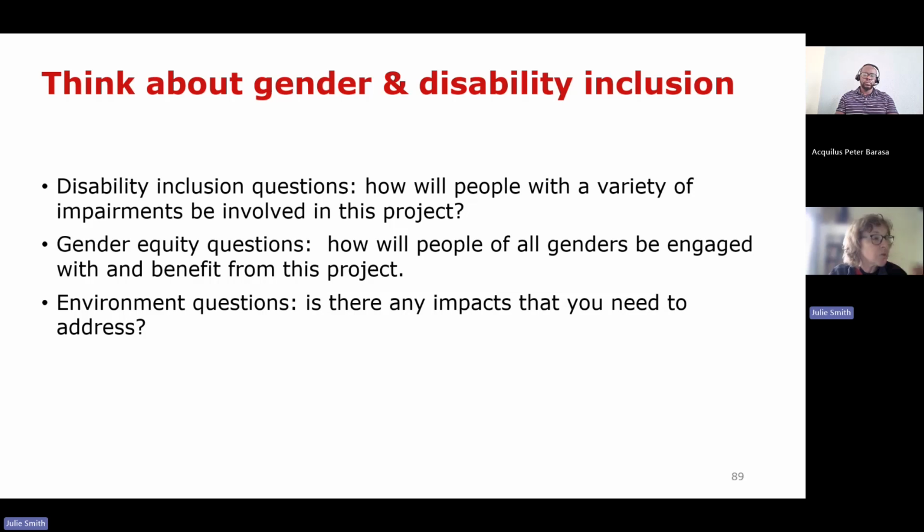So for example, ask yourself, how are people with a variety of impairments going to be involved in the project? You could be asking, how do you make sure that those unrepresented groups, or those hard to get to groups, are really going to be involved?